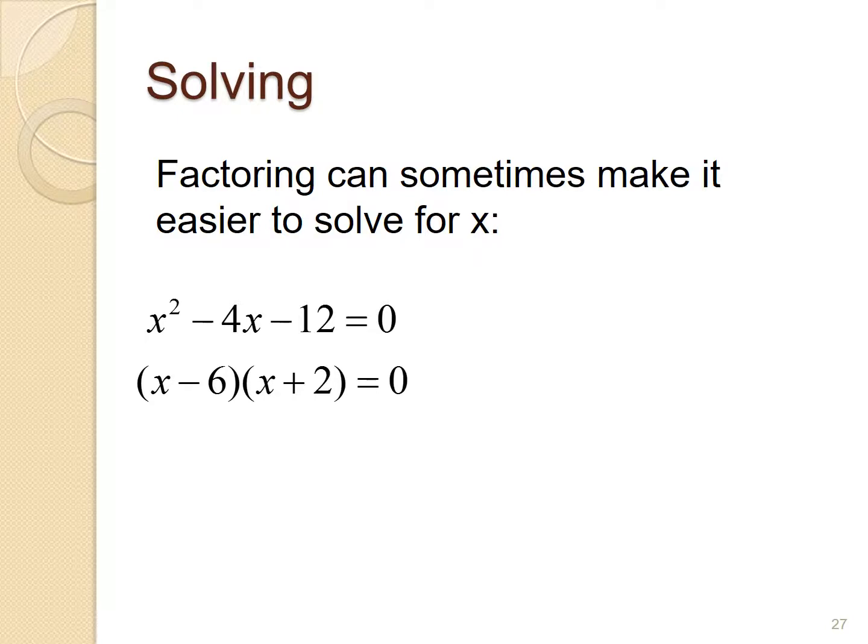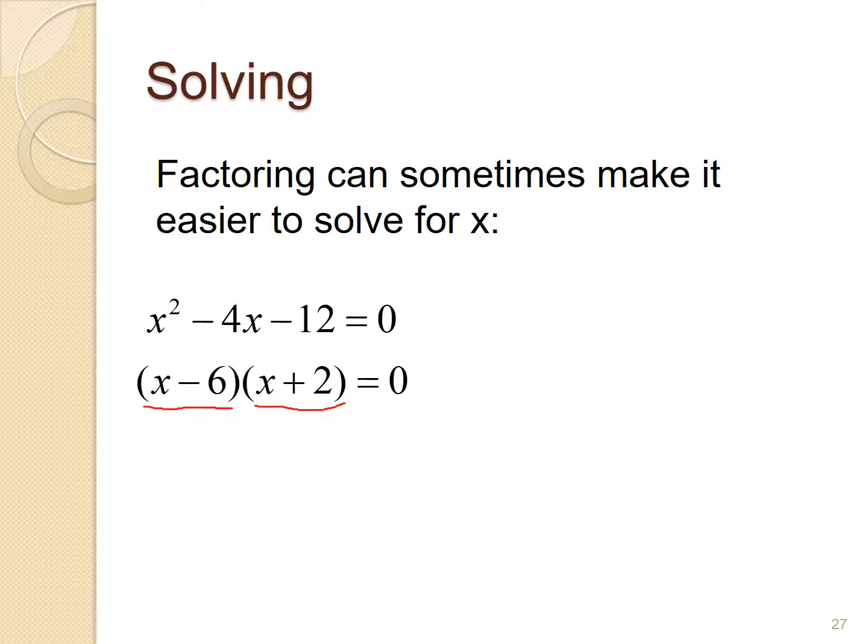Now the next step with this is just recognizing that this is some value and this is another value. So if you have a value times a value and it equals 0, well obviously either one of the values or both of the values has to equal 0. Something times 0 is equal to 0.